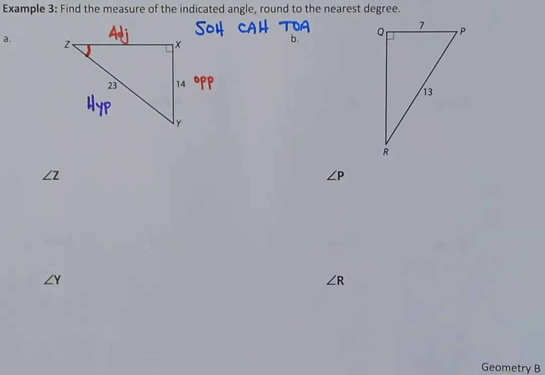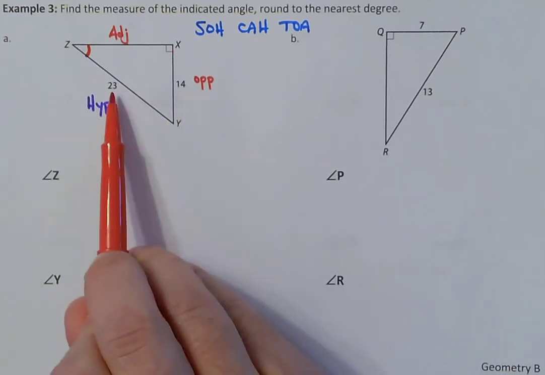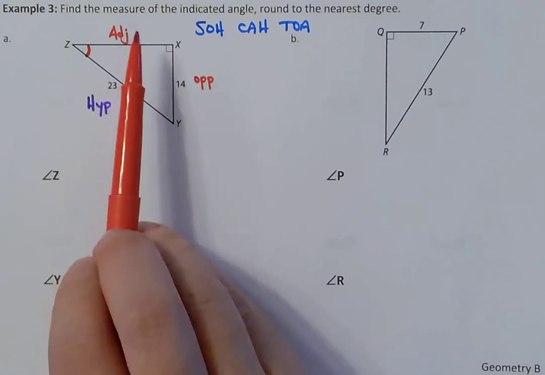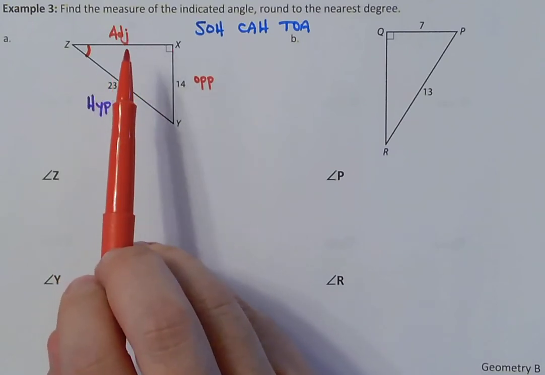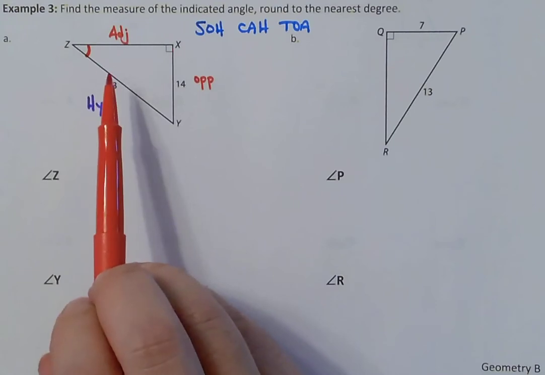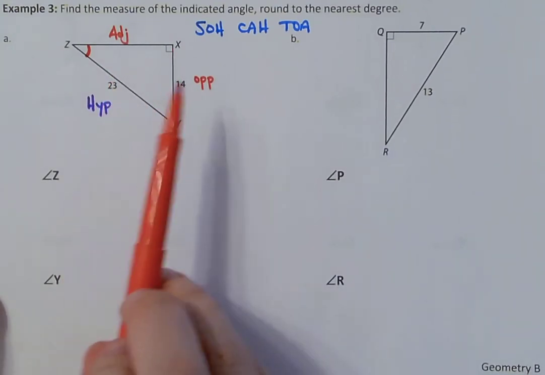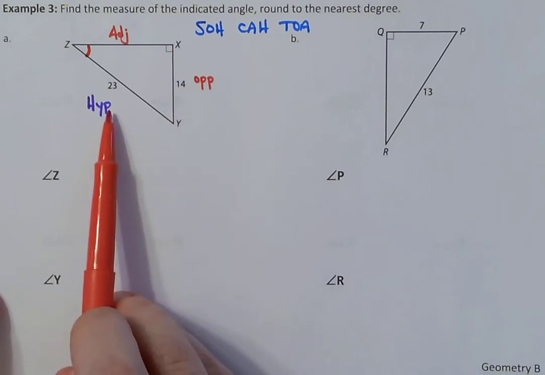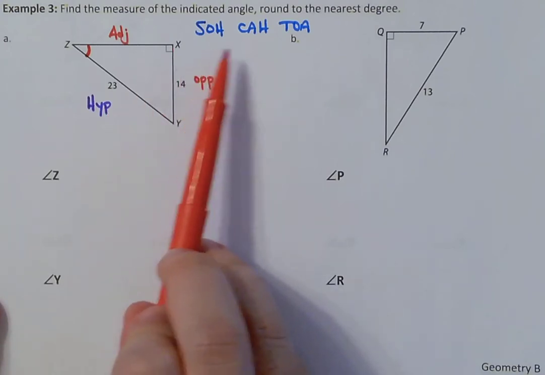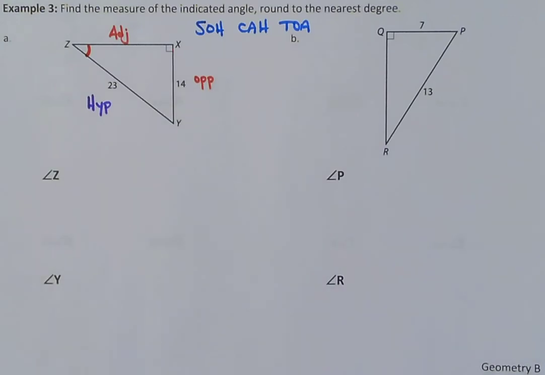Alright, so to figure out Z, they only tell me two side lengths, the opposite and the hypotenuse. I don't know anything about the adjacent, so we're going to ignore the adjacent for the measure of angle Z. That leaves me with the opposite and the hypotenuse. Between sine, cosine, and tangent, which one uses H and O?